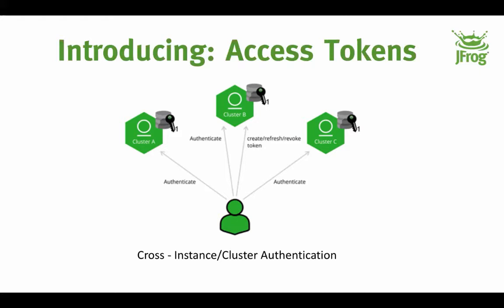And then if you don't want this kind of authentication, where you want only access to cluster A and not B and C, you can configure the token that way. So token gives you full flexibility in terms of how you want to allocate access and who you want to allocate access to. And then you can basically revoke or refresh the token from any of those clusters, and you can decide the timeline on when the token expires.